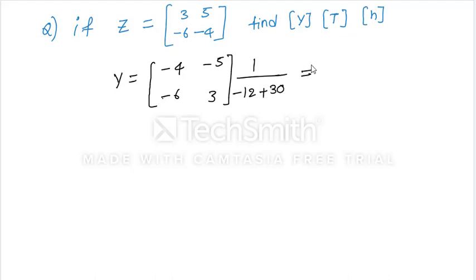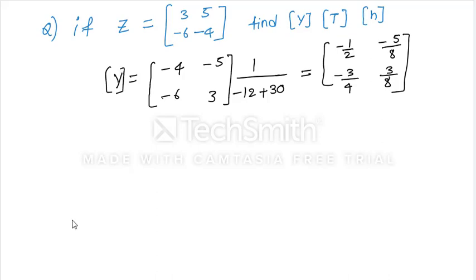So I will simplify it, this is 8. So it is minus 1 by 2, minus 5 by 8, minus 3 by 4, and this is 3 by 8. Check it like this. The Y matrix is simply the inverse of this Z matrix.